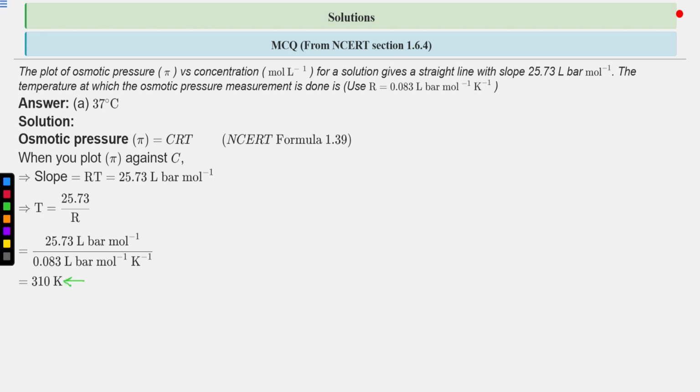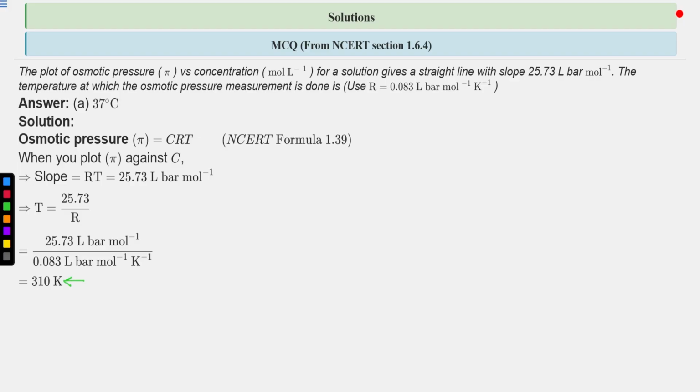But remember, our options are given in degree Celsius, right? So this is a trick I want to mention: in many examinations, students ignore the units and just focus on the numbers. Let's suppose one of the options is 310 degrees Celsius.